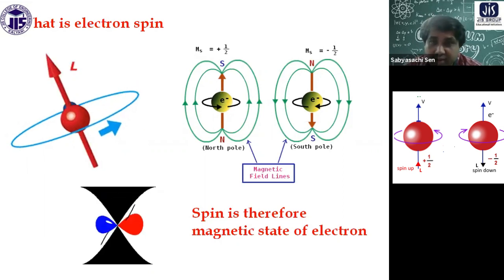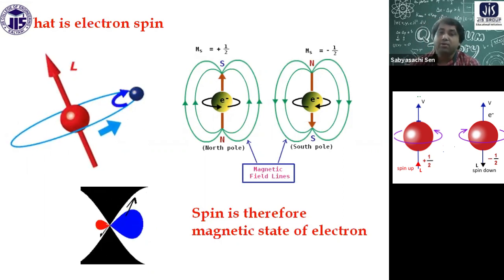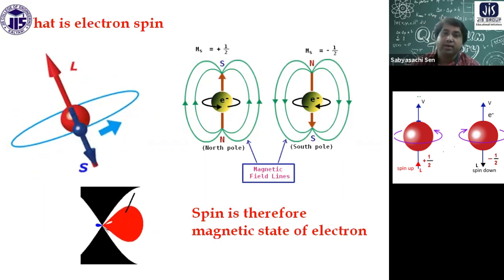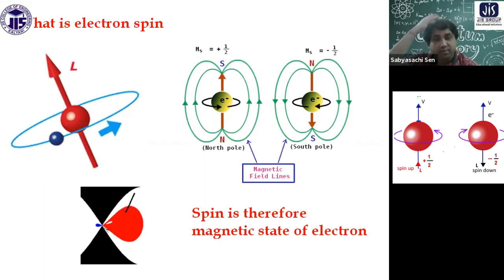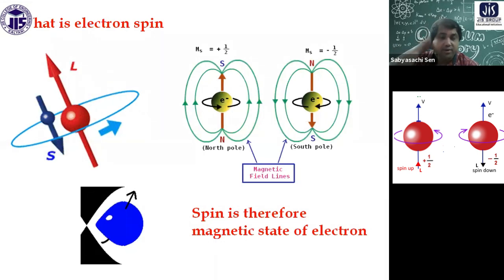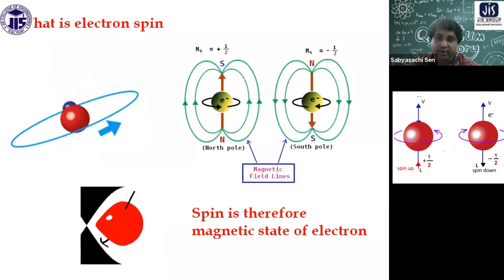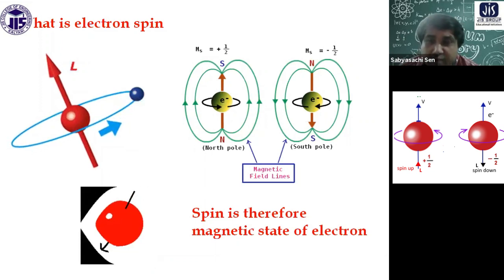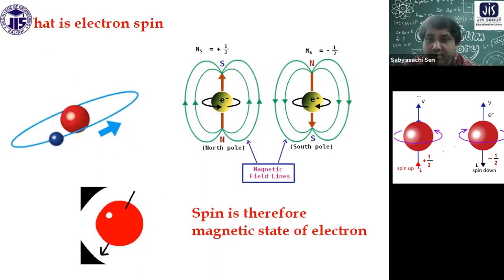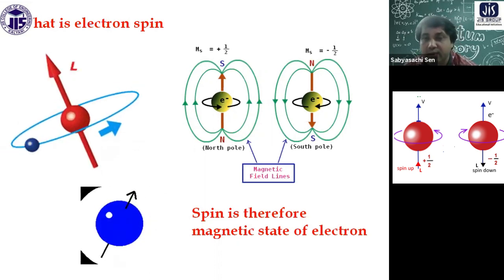What I am trying to tell you with all these things is that wherever a current element is there, the electron is moving. A charged particle moving means a magnetic field will be there. So depending on the spin motion, the spinning in the orbit, you can define two types of magnetic state. Every electron is like a bar magnet because of this spinning motion, and that bar magnet can be of two types.